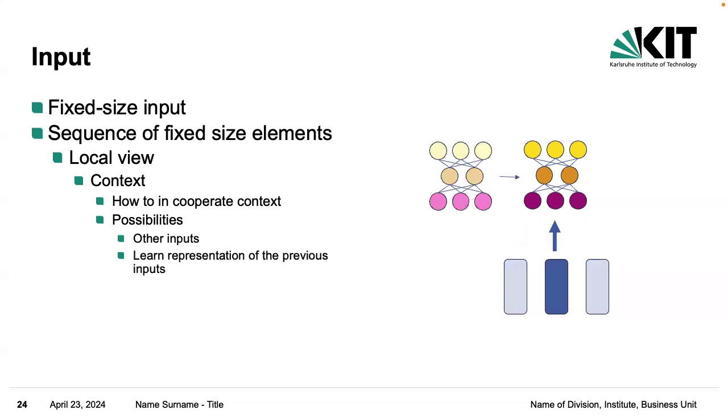There's another thing, and that is we try to incorporate learned representations we had before. So again, we have a local view. We always look at one element at a time. And now, instead of putting surrounding context into that, other types of networks put in previously learned hidden representations. So if this is our second position, we are learning some new hidden representation.